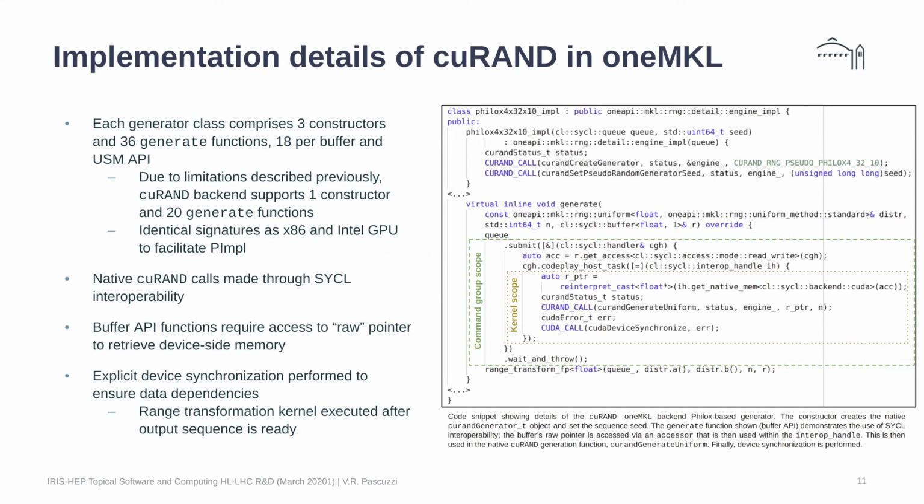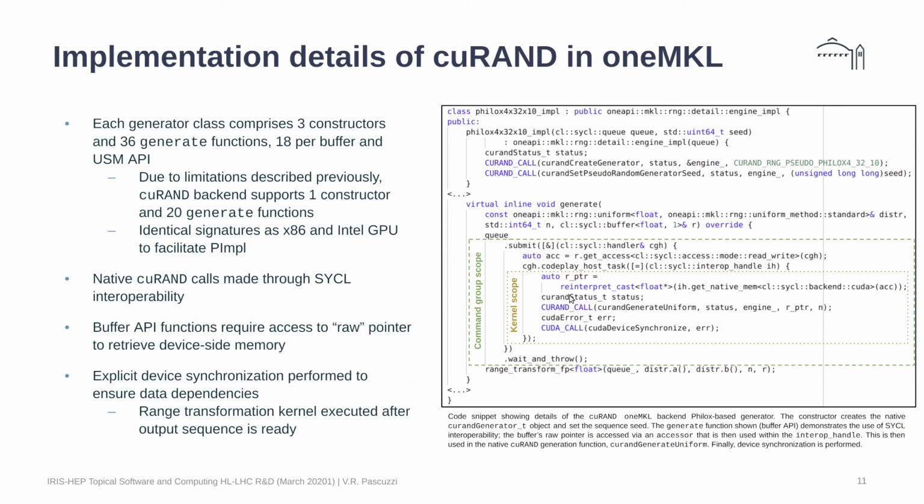And on the right, we just show a little code snippet of an example. At the top is where we do the construction or creation of our generator. We set our seed. And then here we have one example of a generate function where you have the command group scope highlighted in green and then the kernel scope in orange. What's nice in the kernel scope is that we leverage SYCL's interoperability, which I think Codeplay actually introduced into Intel's LLVM compiler.